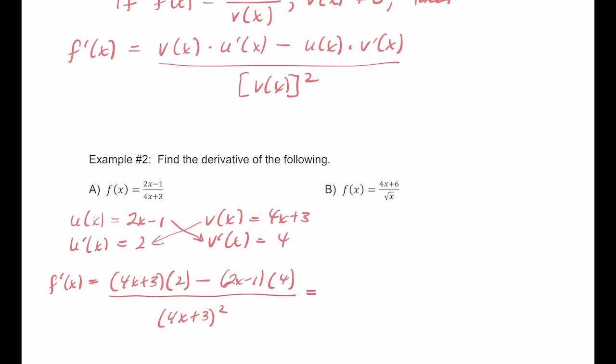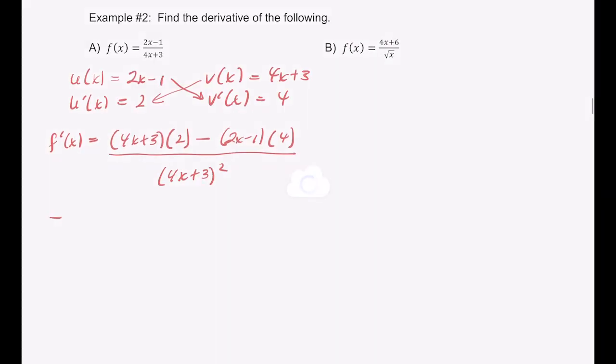Okay, so if I go through and simplify, in the numerator I would have 8x plus 6 minus 8x minus 4. And I'm going to leave the 4x plus 3 squared alone, so no need to expand that.